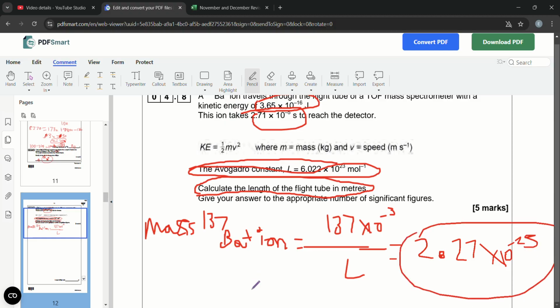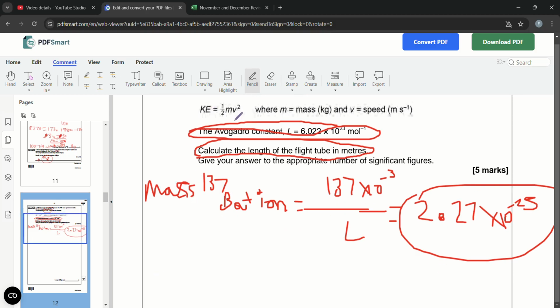What we're trying to find is the length of the flight tube in meters. But now we've got the mass, we can find the velocity, because KE is equal to half mv squared, so 2KE divided by m is equal to velocity squared.